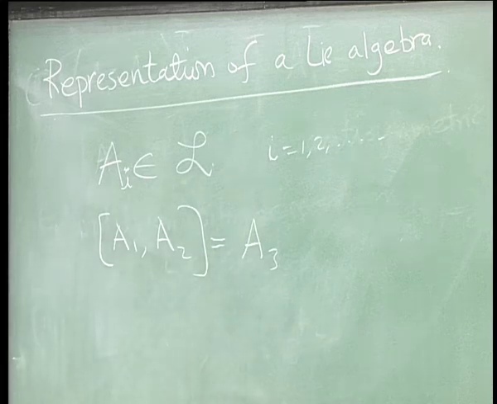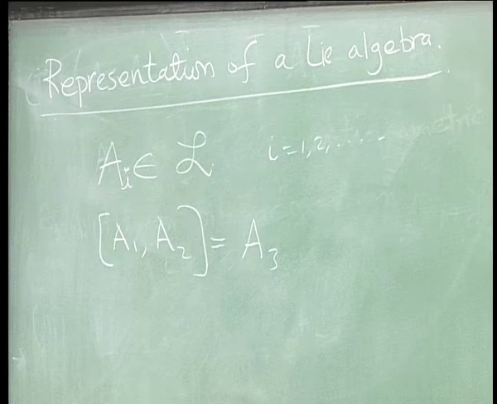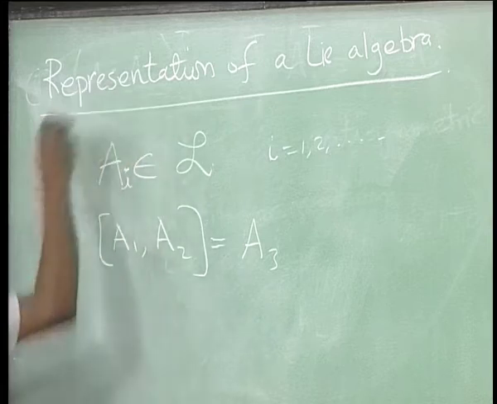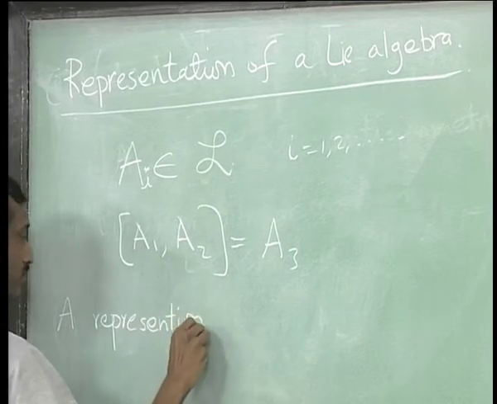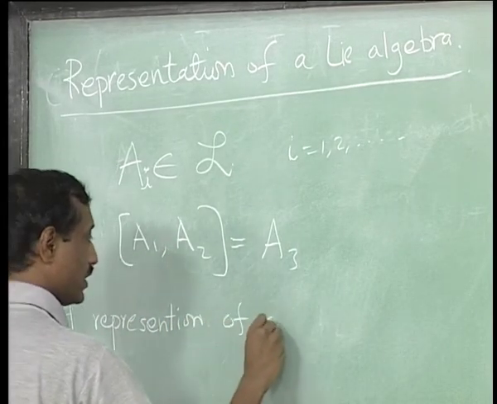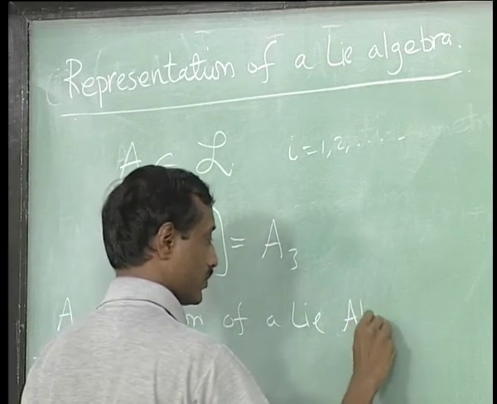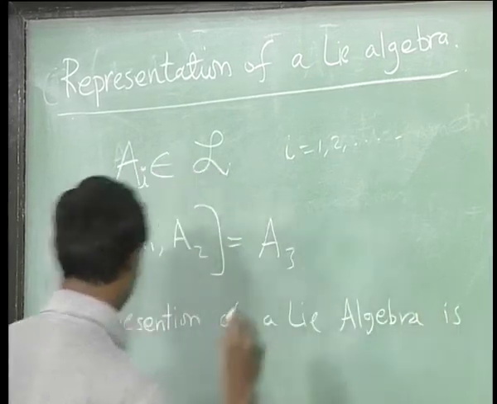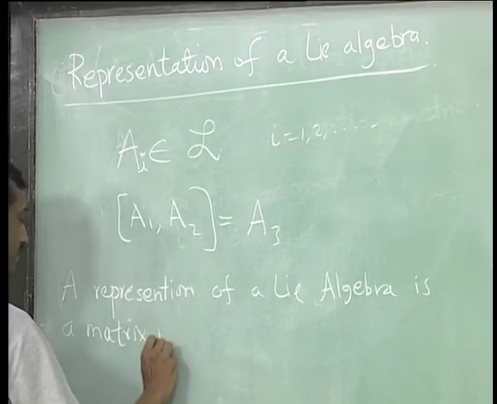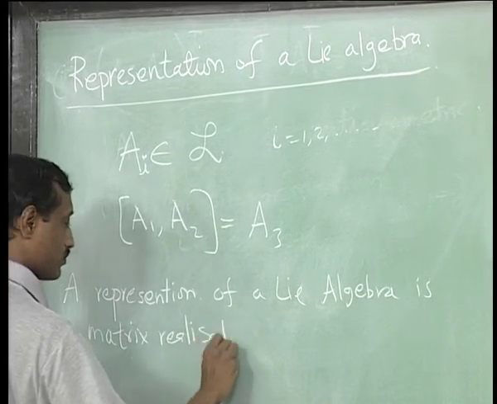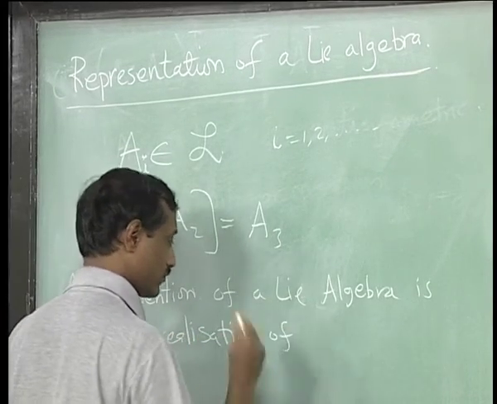Now, a representation for groups, we saw that if you give an abstract group multiplication law, we realized it by acting on it by some matrix. A similar thing is to be done here. So, a representation of a Lie algebra is, in the simplest way, a matrix realization of the Lie algebra.